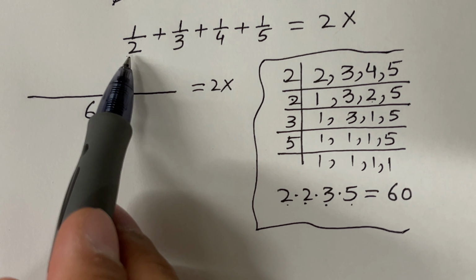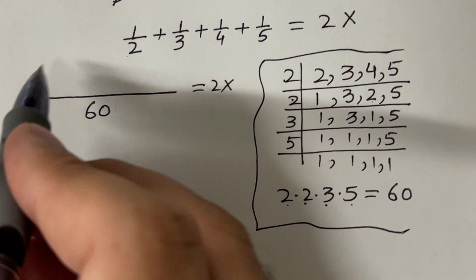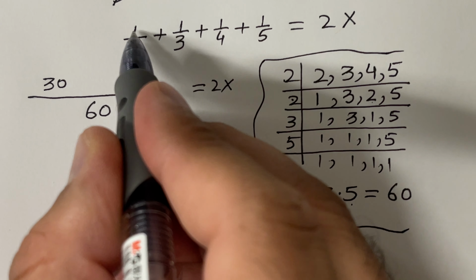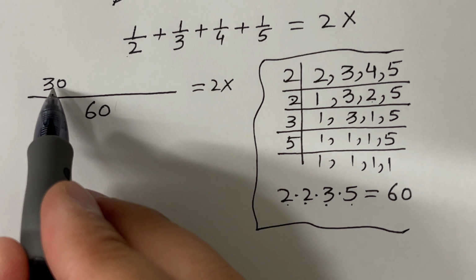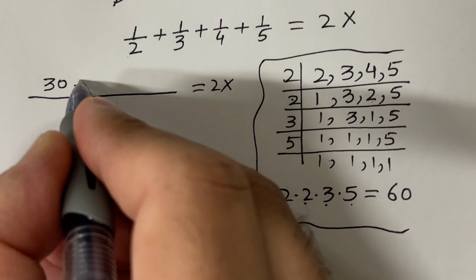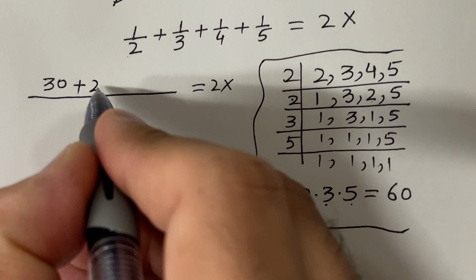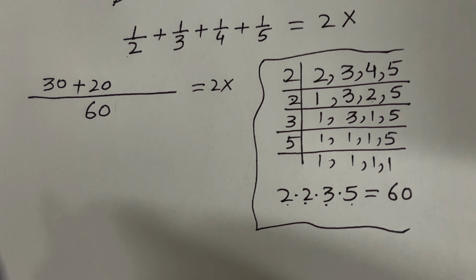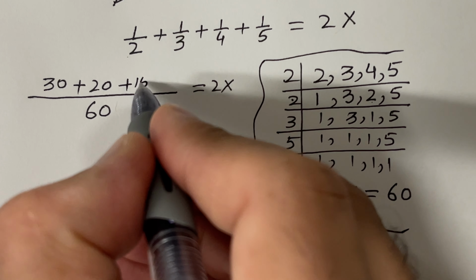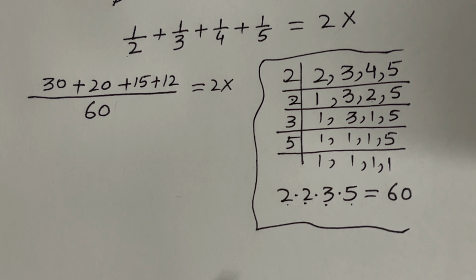And now we have to divide 60 by 2. 60 divided by 2 is 30, so the first term will be 30. Here we have just 1, so 30 times 1 is just 30, so we write 30. Now 60 divided by 3 is 20, so the second term will be 20, plus 60 divided by 4 is 15, and 60 divided by 5 is 12.